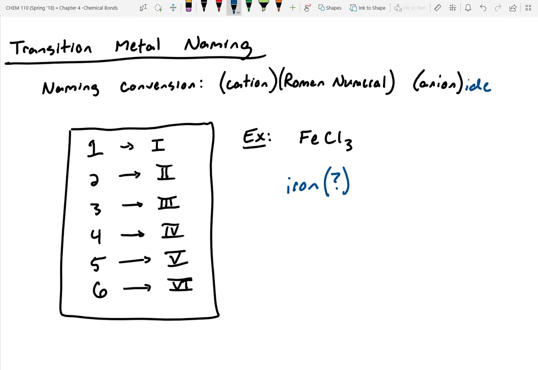The easiest way to infer it is from the chlorines, right? So let's say we have an iron atom with some sort of charge. We know it's going to be a positive charge, but we have 3 chlorines. What charge must chlorine have? -1. It's in group 7A. So I'd say 1 negative, 1 negative, 1 negative. Assuming that our charges cancel, what charge must the iron have? Must be +3 to cancel out the 3 negatives, right?